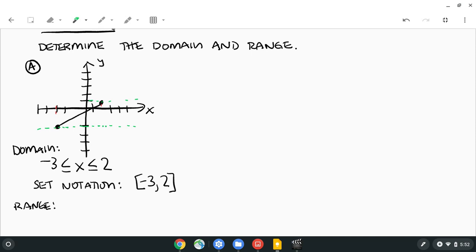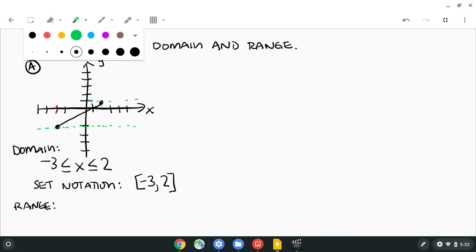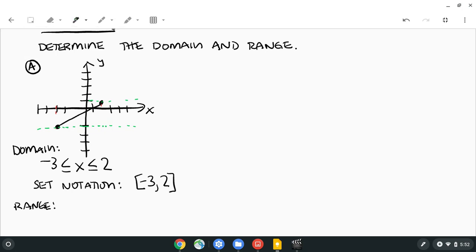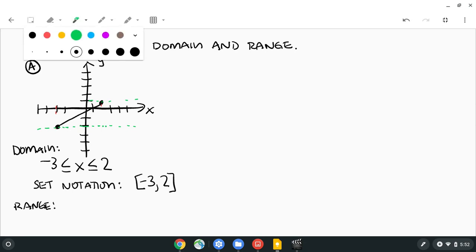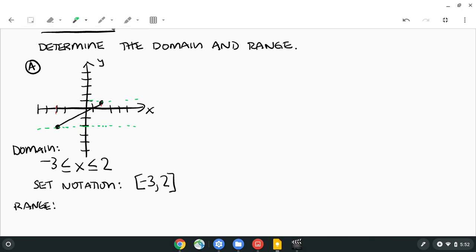Actually, that was a 2, huh? Okay, let me just check. Yeah, I erased one of the markers. Hold on a second. There was a tick mark there. Okay, so let me get green. All right, so it starts from -2, and it goes all the way up to here, right?